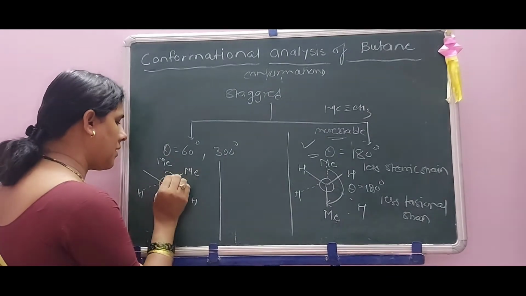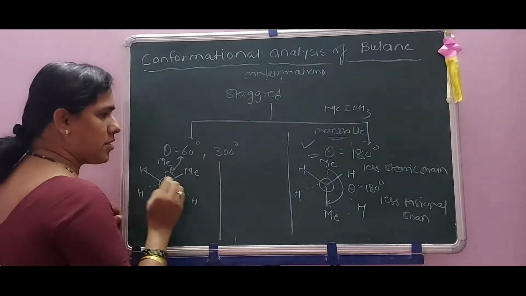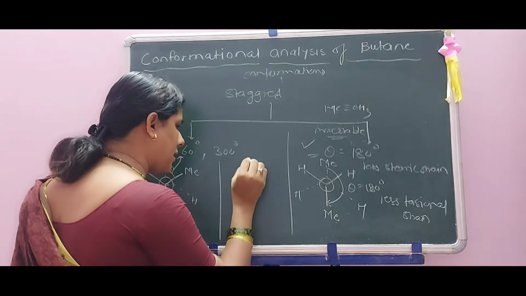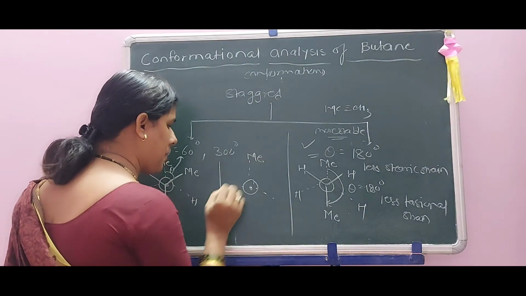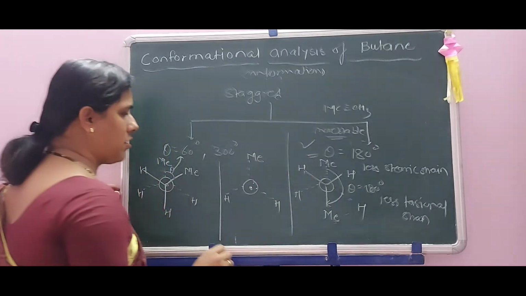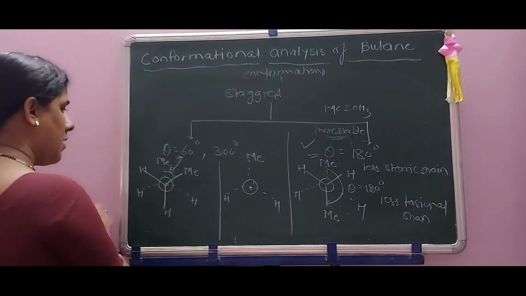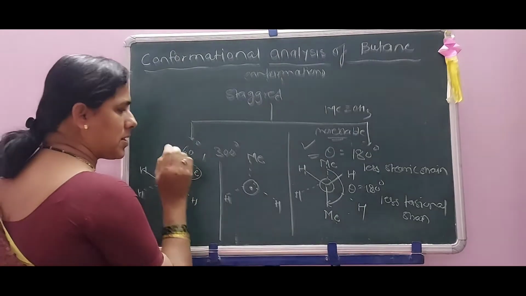Here Me, and here H and here H. For 300, this is the front, this is the rear carbon atom. Here Me, H and here H, at 300 degrees. Therefore this Me and this Me, this bond angle is equal to 60 degrees.